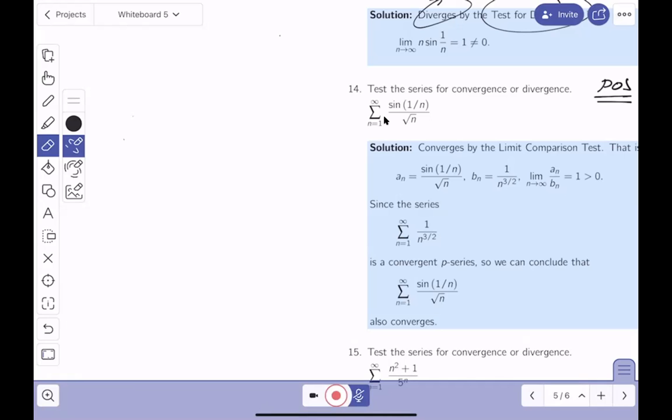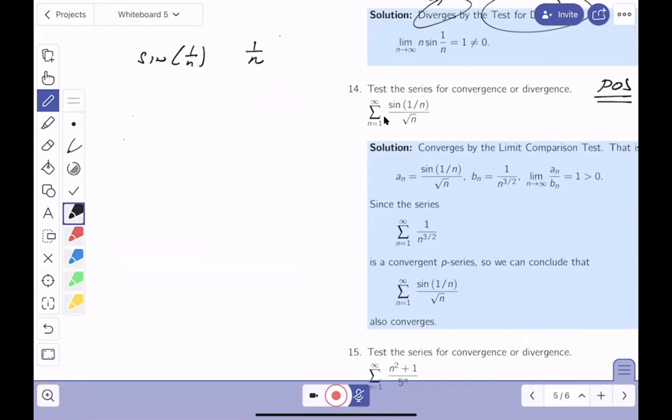So I'm going to say sine 1 over n, roughly speaking, as you go out towards infinity, is just like 1 over n. Right? What do I mean by that? The sine curve, you looked at it. Sine curve looks like this over here.